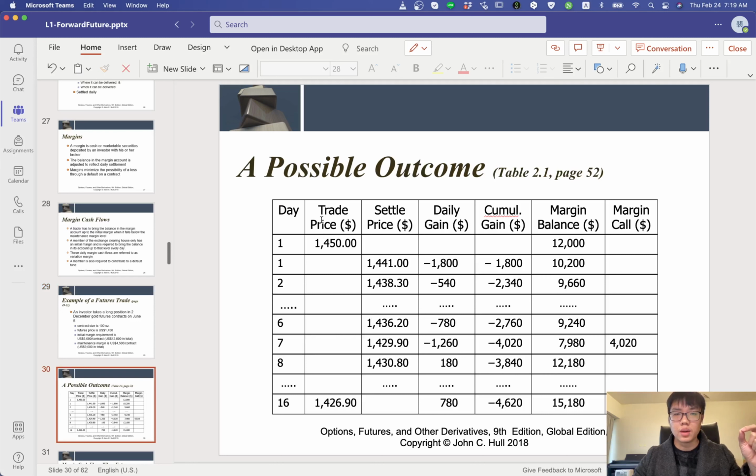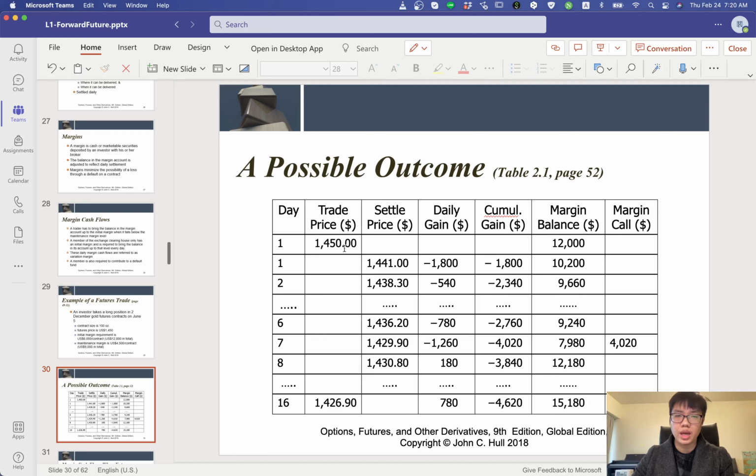So this is our data, our daily settlement from day 1 until day 16. On the first day we put into the account 12,000, right? And by the end of the first day they will recalculate.